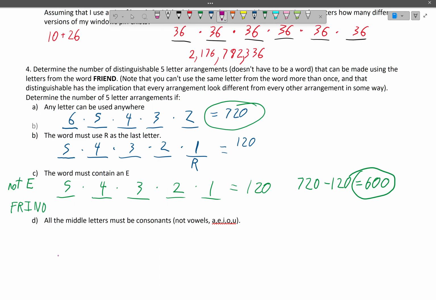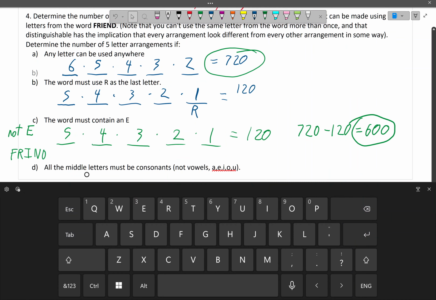Okay, and then our last option is going to be middle letters must be consonants. Is that going to be too complicated? Yeah, this is going to be too complicated.